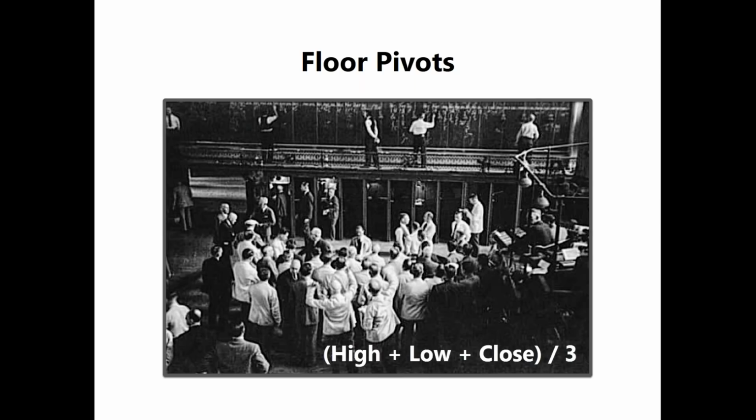So it's a simple range formula, taking the prior high, low, and close, dividing it by 3, so we have added weight to the close. And then you can use that for daily, weekly, monthly, as well as quarterly or yearly support and resistance levels.